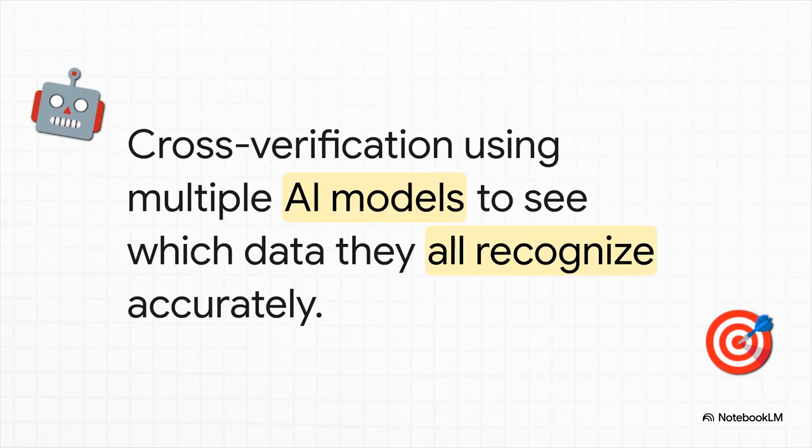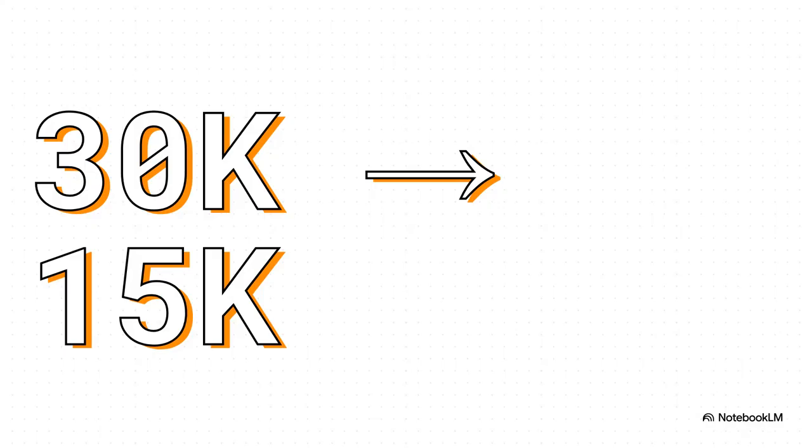So if one AI gets confused by an image, even if the others get it right, that image is just too ambiguous. It's gone. And this step is just as tough as the last one. It cuts our data set in half again. We go from 30,000 down to 15,000. What we're left with are only the most AI-friendly examples, the clearest, most obvious pictures of cats that pretty much any AI can recognize. The quality now is getting really, really good.